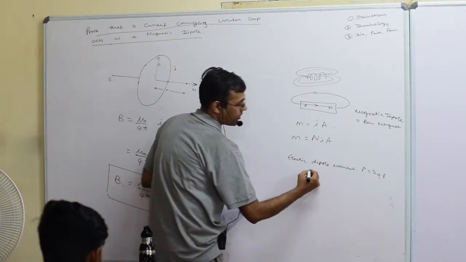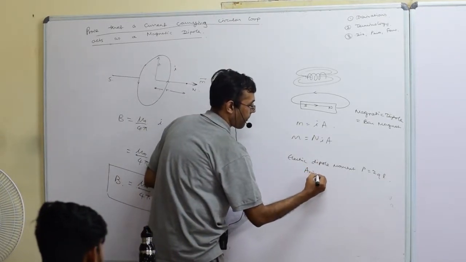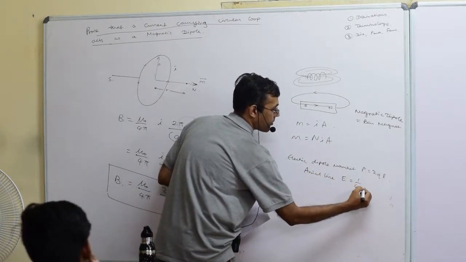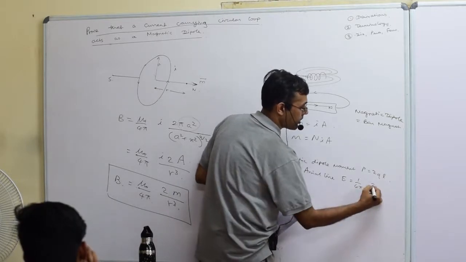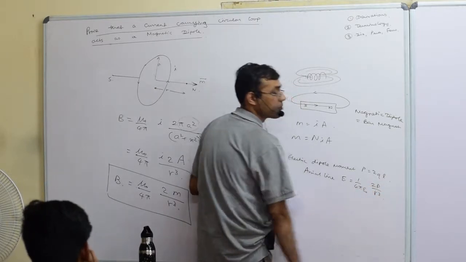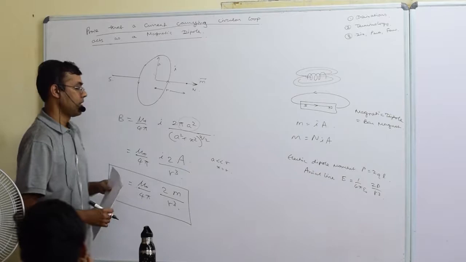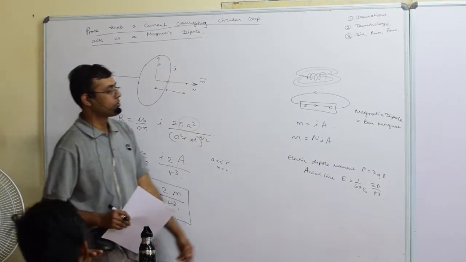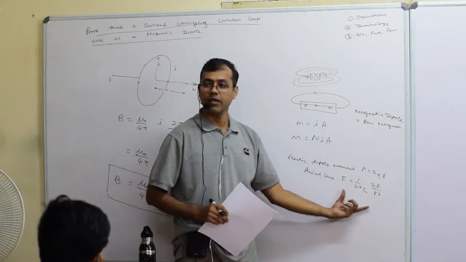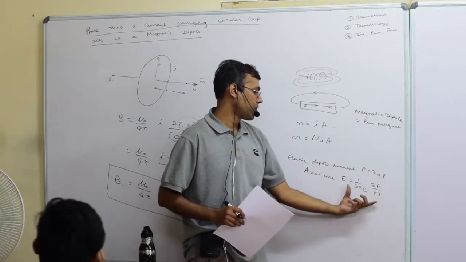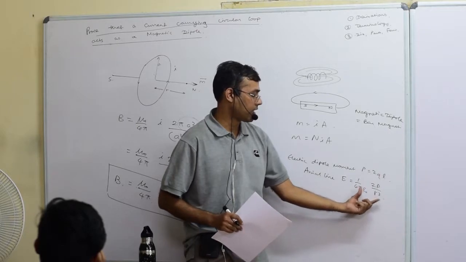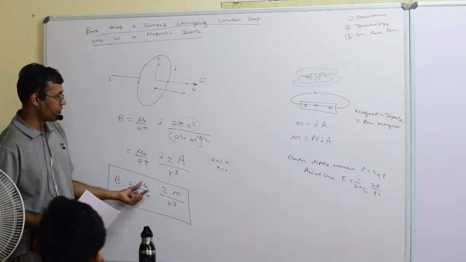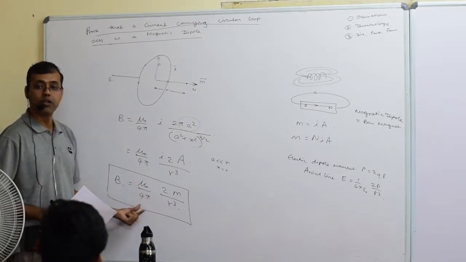And then we said that for the axial line, we found that E is equal to 1 by 4 pi epsilon naught, and then 2p by r cube. So if I compare this and this, I'm going to say this is for the electric dipole. For the electric dipole, I'm getting an electric field on the axial line using this formula, and this is my magnetic field. So instead of 1 by 4 pi epsilon naught, I have mu naught by 4 pi.